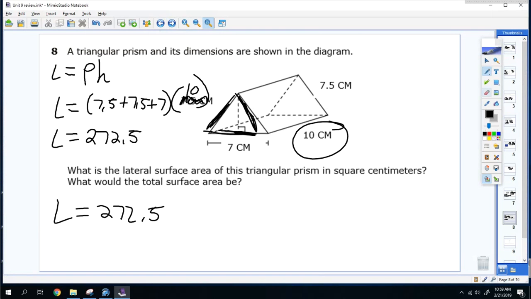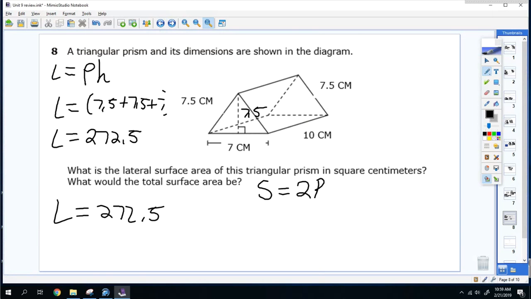I'm going to erase a little bit of this. And then the height of the triangle is 7.5, which I did write on the review. So then we're going to do the total. So it'll be S is equal to 2 big B plus L. Big B is going to be base times height divided by 2.